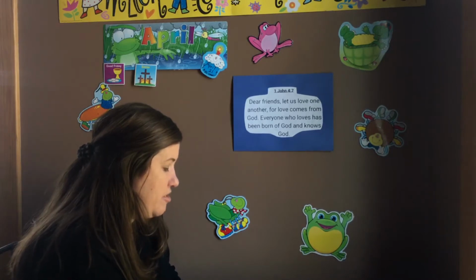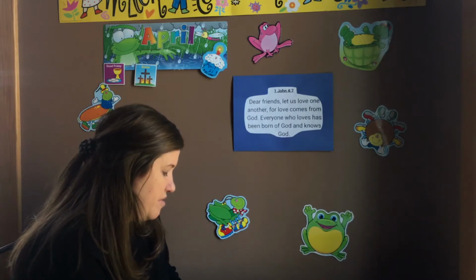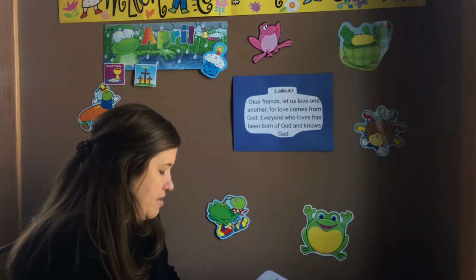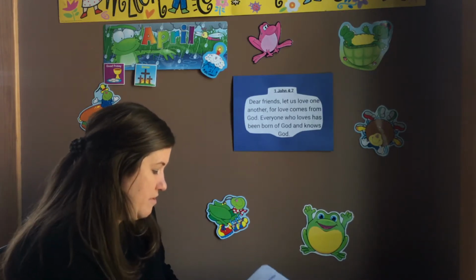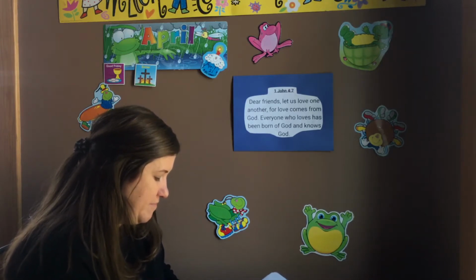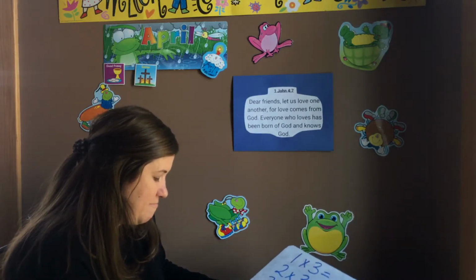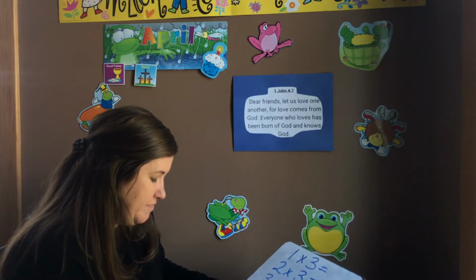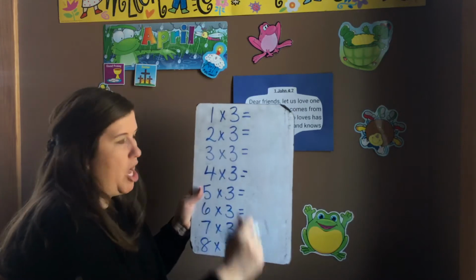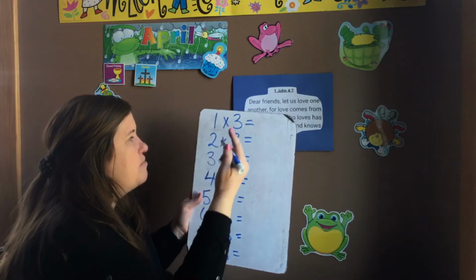So 1 times 3, let's just run through the 3s. Okay, so remember, we have factor times a factor equals a product. So one group of 3 would just be 3.